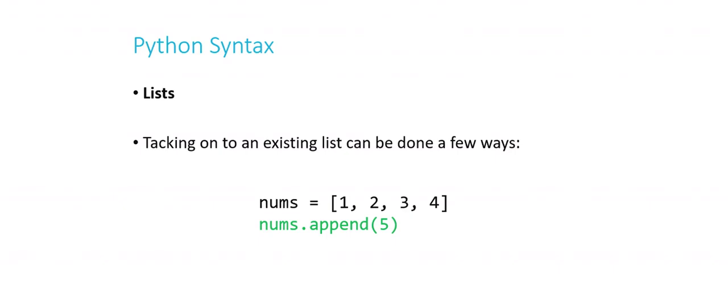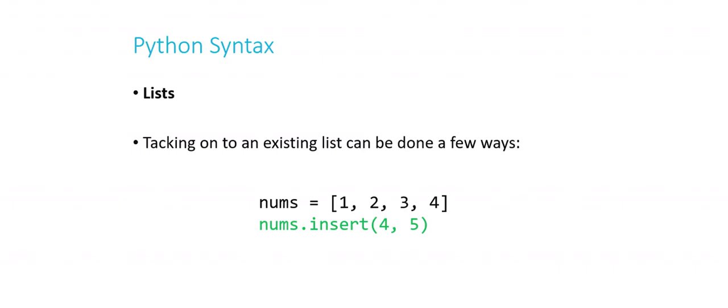We can attach an element to the end of the list. We can say nums.append 5. And what that's going to do is add 5 to the end of the list. It's going to tack it on at the very end. This line of code would do exactly the same thing. Nums.insert parentheses 4, 5. Well, what does this mean? What's happening here is we're inserting in the 4th position, again, counting from 0.